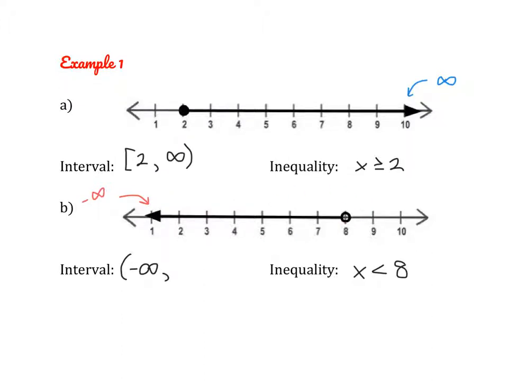Then we look for our biggest possible number, so we go all the way up until we reach 8. So 8 is our upper bound, and since we have an open circle, 8 is not included, so we use a parenthesis again. These two things mean the same: x is less than 8 means all the numbers smaller than 8, and between negative infinity and 8 means the same exact thing.